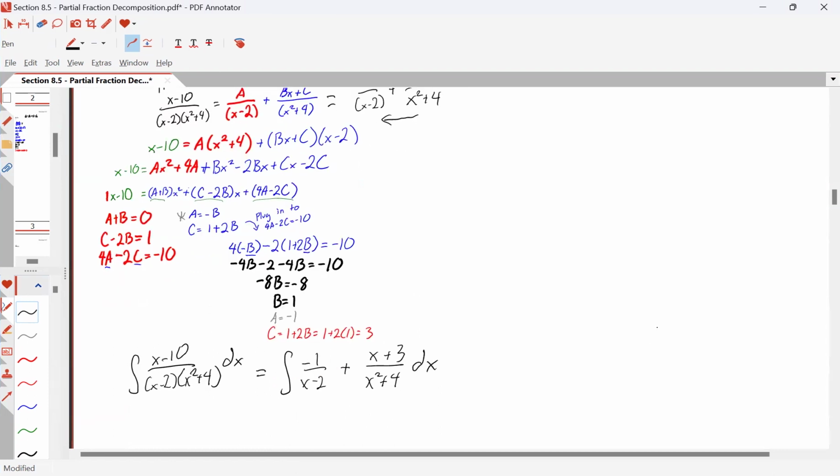There's going to be 3 fractions here that we can integrate. We'll have negative 1 over x minus 2. And breaking up this fraction, we have the integral of x over x squared plus 4. And the integral of 3 over x squared plus 4.